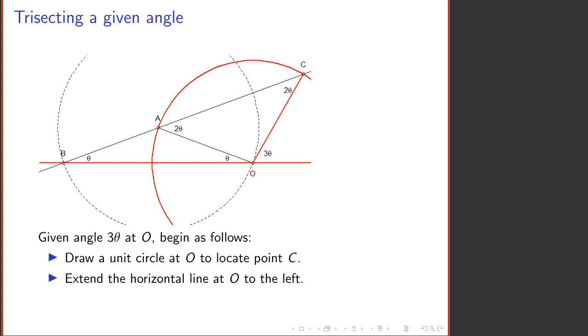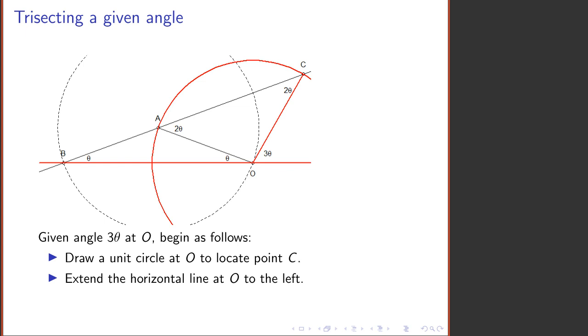Now, in this diagram, everything that's already drawn is going to be shown in red. The other lines are lines from my original diagram that I haven't yet reconstructed. So I'm now going to start with an angle that I will call 3 theta, and my goal is to construct an angle theta.